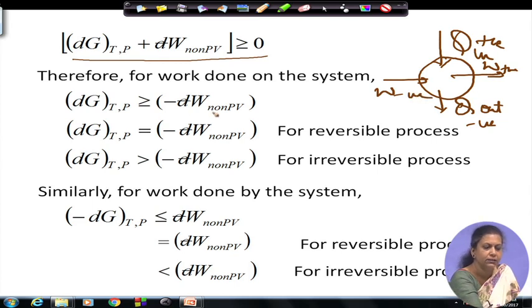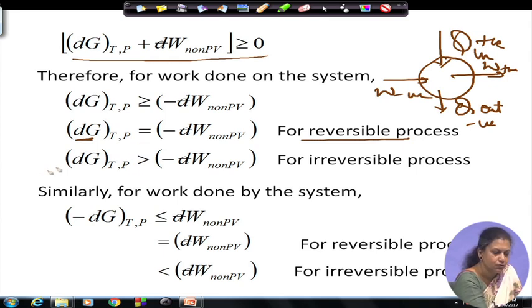So minus dW non-PV is the work done on the system. The work which has to be done on the system to effect some change in the Gibbs free energy, for a reversible process, is dG_TP equals minus dW non-PV, and for an irreversible process, the useful work done on the system is minimum for the reversible process.